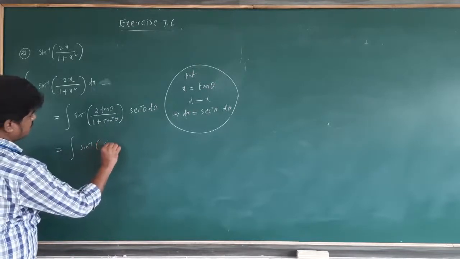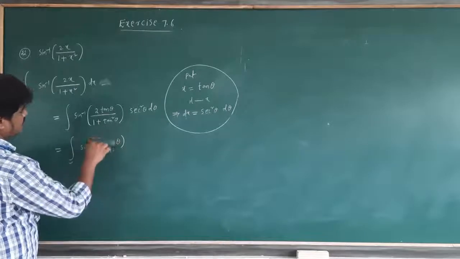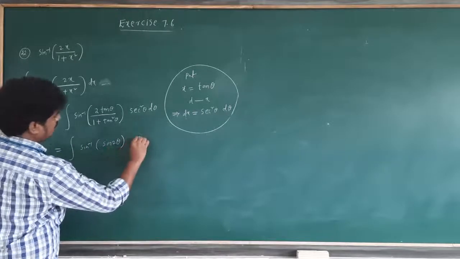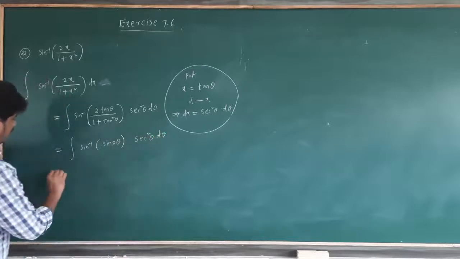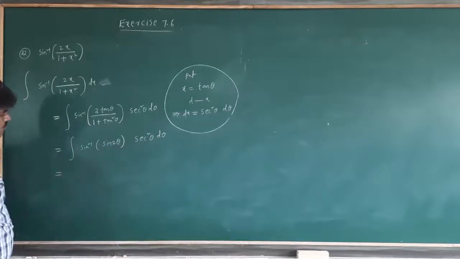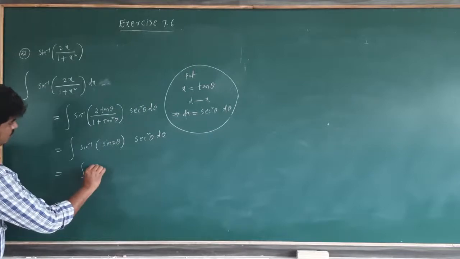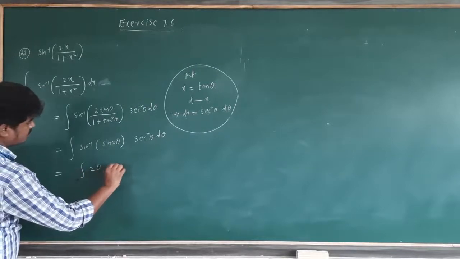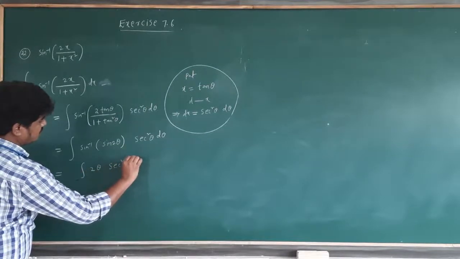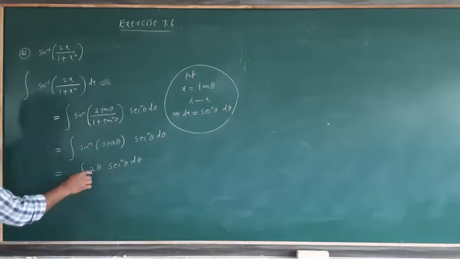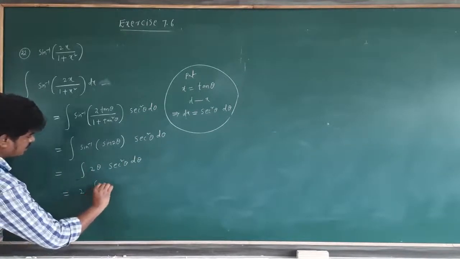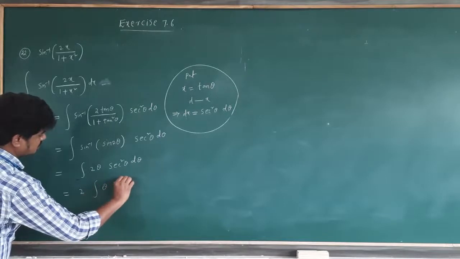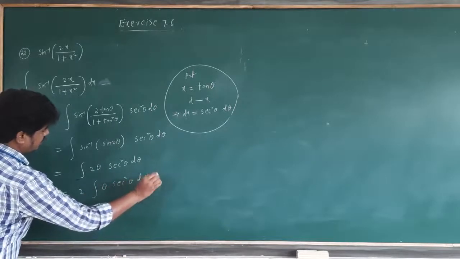So this can be replaced with sin 2 theta into secant square theta d theta. Now sin inverse and sin get cancelled. What you have is 2 theta into secant square theta d theta. Just take this 2 outside: 2 into theta secant square theta d theta.